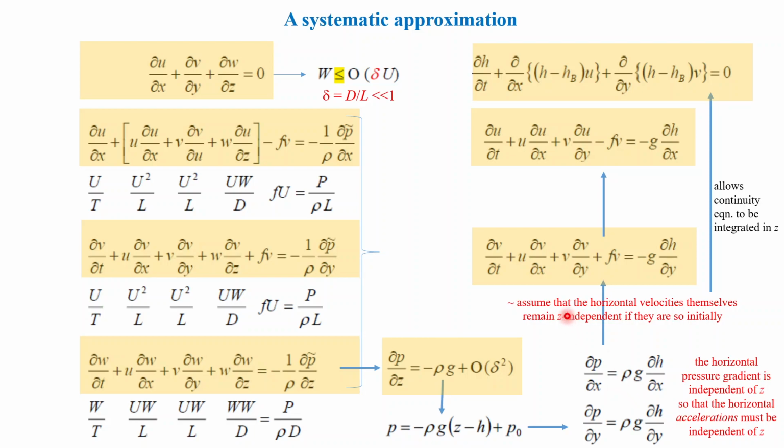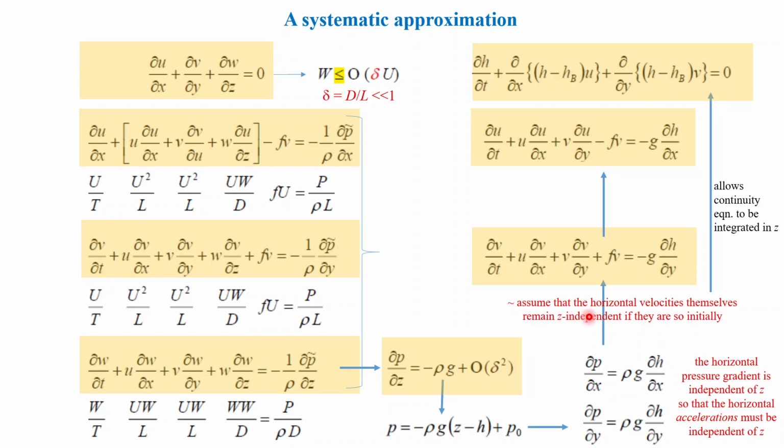Okay, so if the horizontal velocity is initially zero or initially z independent, then the horizontal velocities themselves will remain independent of height.